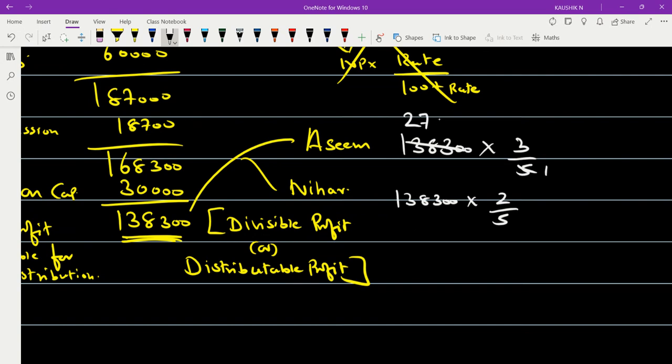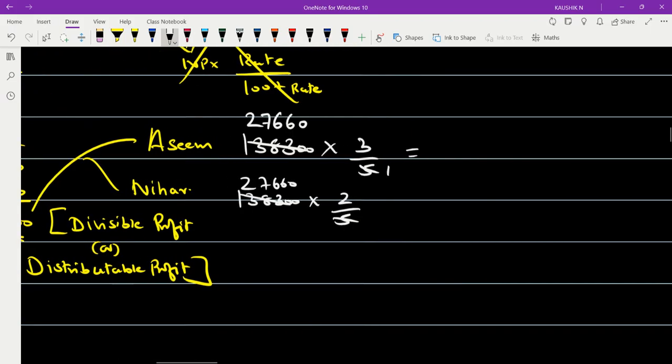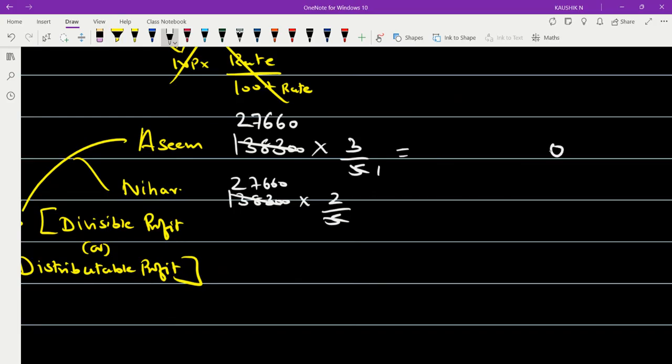So 3 balance, 6 times 30, again 3 balance, 6 times 0. So the same will be over here: 27,660. Now multiply and tell me how much you'll get. 300, 6 threes are 18, 1 carryover, 6 threes are 18 plus 1, 19, 1 carryover, 7 threes are 21 plus 1, 22, 2 carryover, 3 twos are 6 plus 2, 8.